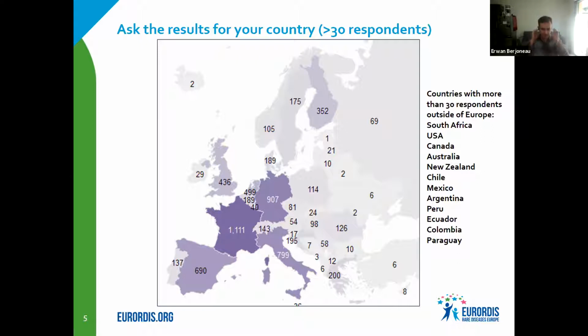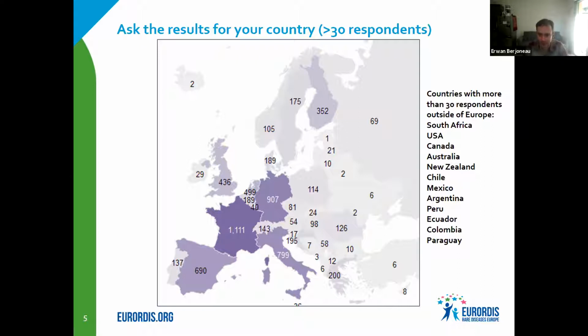And so I take that opportunity to tell you that as national alliances, you can ask us to have the results for your country as long as there's at least 30 respondents. So you see that for most countries, it is the case.